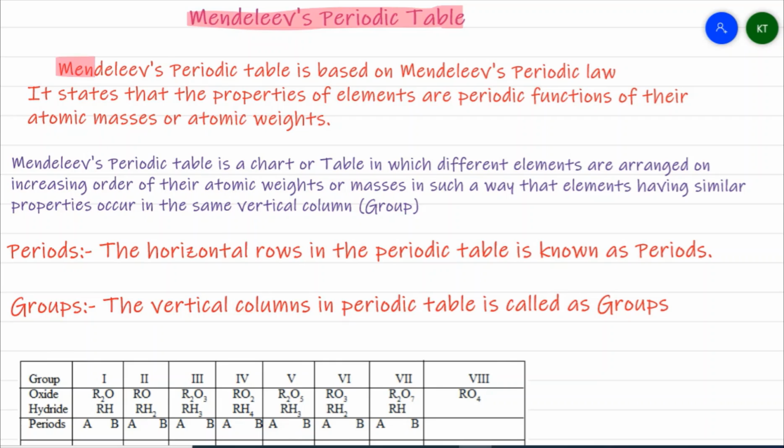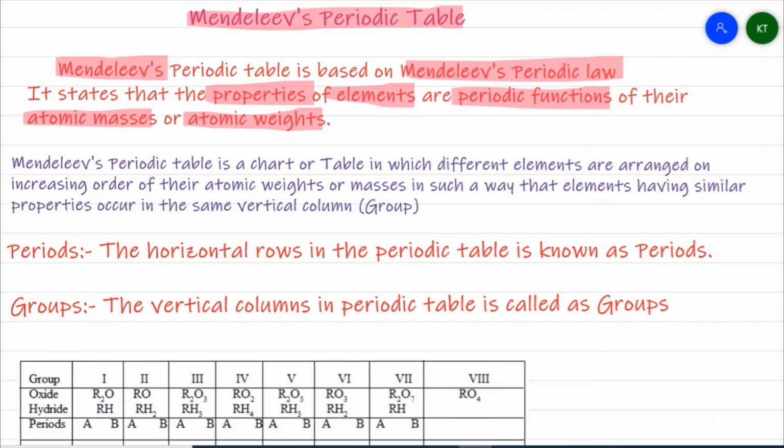Mendeleev's periodic law states that properties of an element are a periodic function of its atomic mass or atomic weight. Periodic function means it depends on atomic mass or atomic weight.